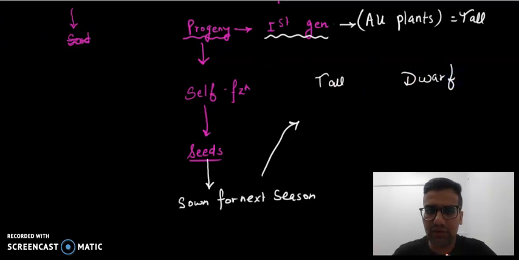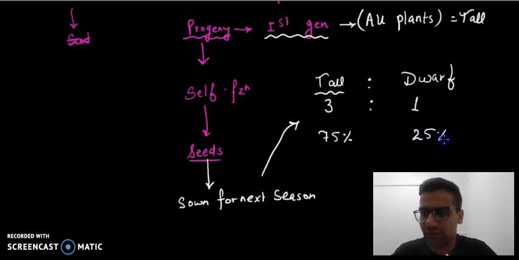The ratio of tall to dwarf plants obtained by Mendel was 3:1, that is, 75% of the plants were tall and 25% were dwarf.